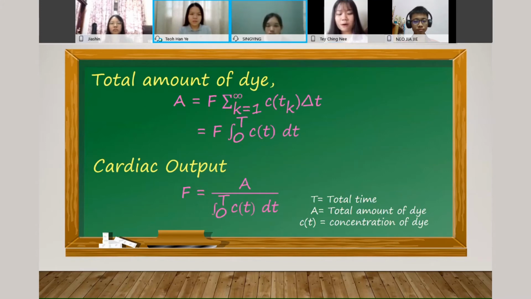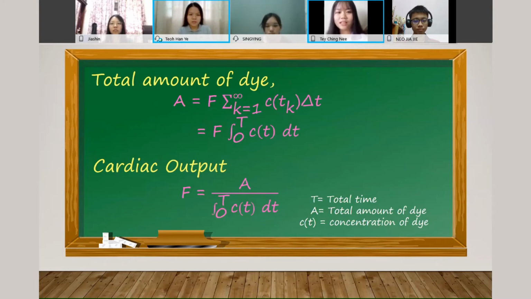Then the total amount of dye is equal to F times the series of concentration of dye at the k-th sub-interval time, with k equals 1 to infinity, which is equal to F times the integral of concentration of dye over time t from 0 until t.